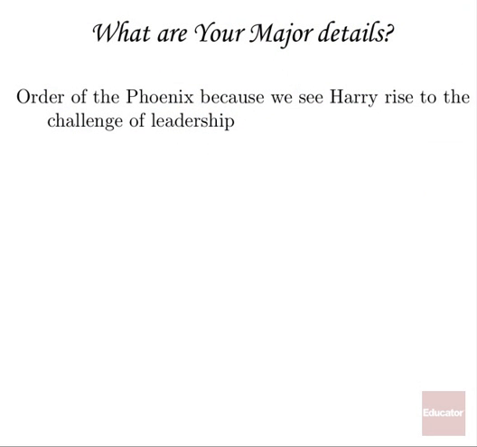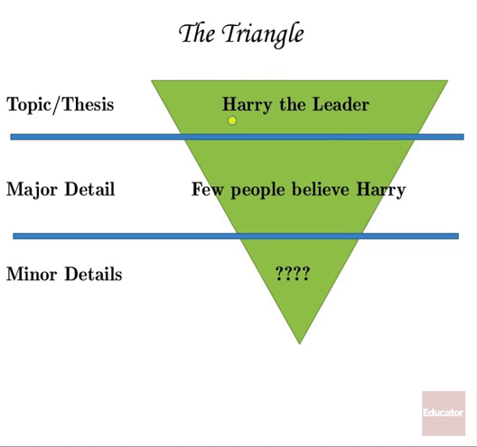Order of the Phoenix is the best because we see Harry rise to the challenge of leadership. So what's my topic and thesis again? Well, we got Harry the leader, and we got one major detail. Didn't mention it directly in the thesis, but one of those major details is few people believe Harry. So what's a minor detail?